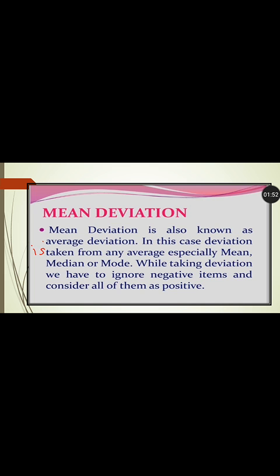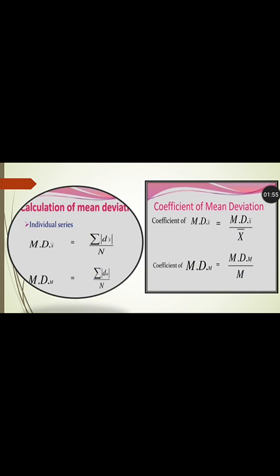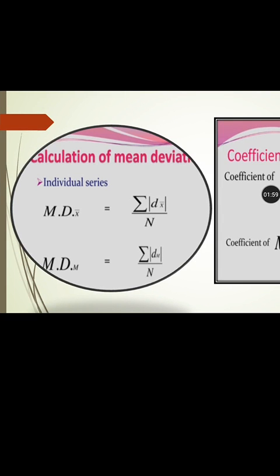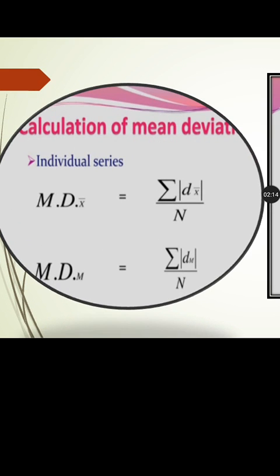Now let us see the mean deviation formula. For the calculation of mean deviation under individual series, the formula is mean deviation is equal to summation d by n. I have given it here twice, that is mean deviation is equal to summation d by n. Here I have also noted x bar and m.